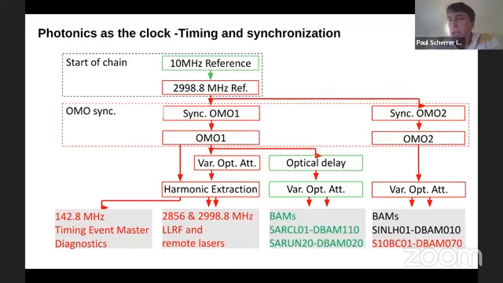All of the timing diagnostics, the external laser systems used in the pump-probe measurements, and the unique system for tagging every pulse that we produce with a unique pulse ID rely on this optical system, which is distributed over the 700 meters of the facility. The timing and synchronization is one of the key systems that ultimately gives us the time resolution of our experiments.